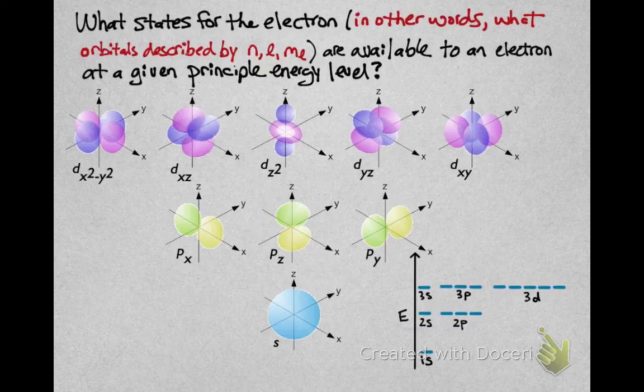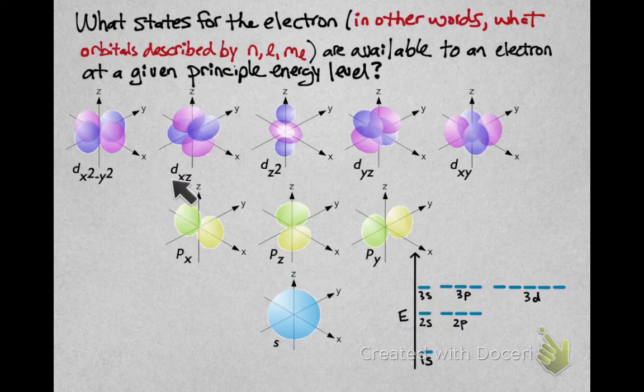The d orbitals have more complex, sort of a double-lobed shape or two-dumbbell shape, except for the dz squared, which you see has one lobe and then a sort of circular donut shape, they usually call it, on the xy plane. Now, those different orientations are designated as the dx squared minus y squared, indicating the d orbital that has the lobes directly on top of the x and the y-axis.